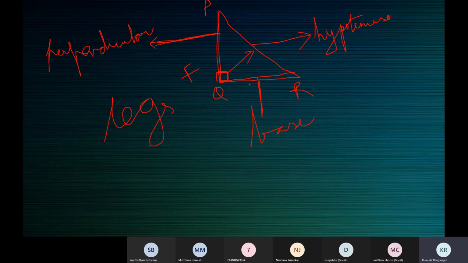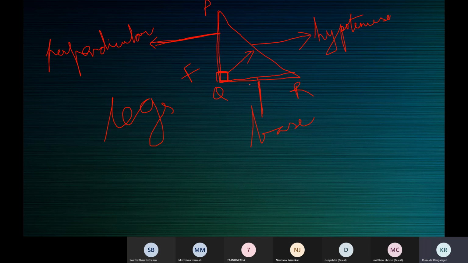So PQ and QR are the legs of the right triangle PQR, and PR is the hypotenuse.